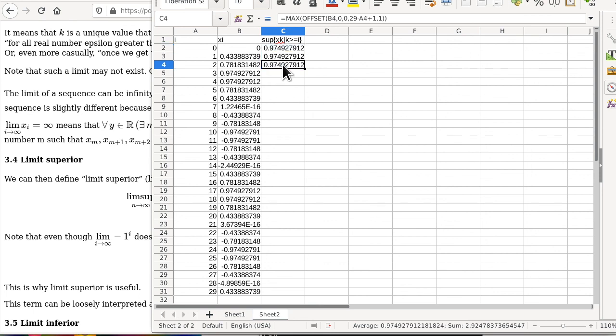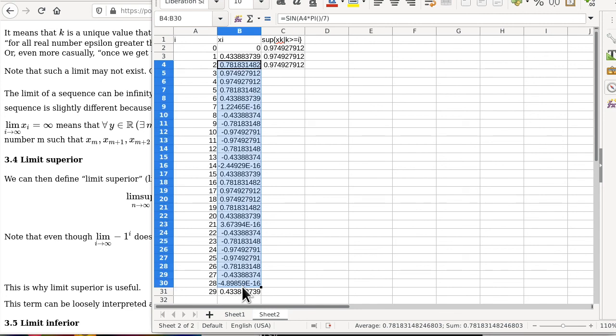Because if I just look at this particular value, it is basically saying what is the maximum from here on? So are you guys convinced that from here, which is B4 and on, the largest value is the same thing, 0.9749 and so on, because that value repeats a few times within that range already? Does that make sense? Yes.